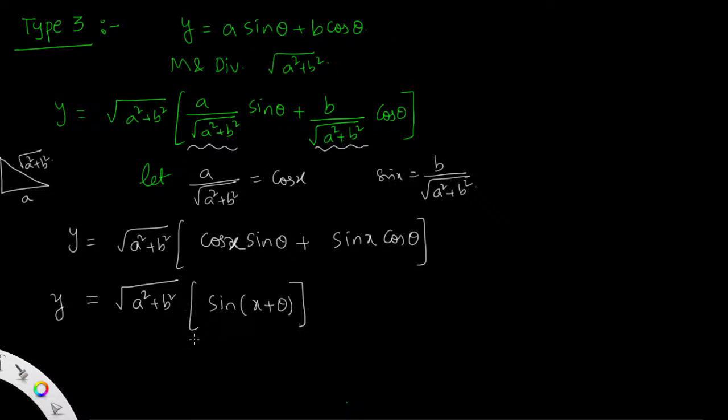So now it is in the form of sin x. The sin x value, we know, always lies between minus 1 and 1. Therefore sin of x plus theta also belongs to the interval minus 1 comma 1 only.